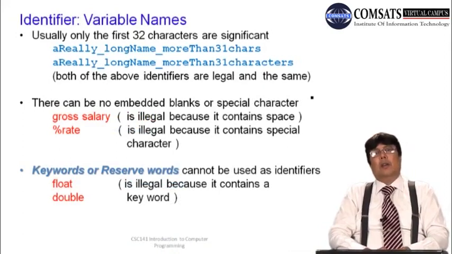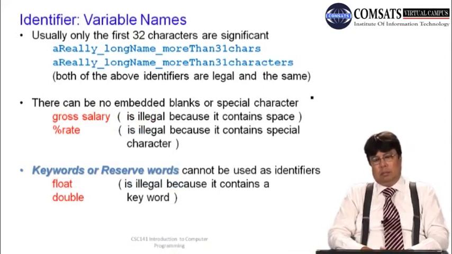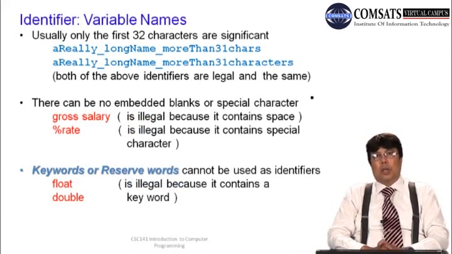Okay, you can define a variable name with any length, but only the first 32 characters determine the uniqueness of your variable. So I've used a really long name, more than 31 characters. I've used two variable names which are slightly different but will be considered as the same variable name. क्यों? क्योंकि first 32 characters जो हैं they are the same.